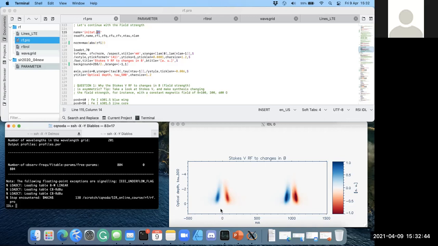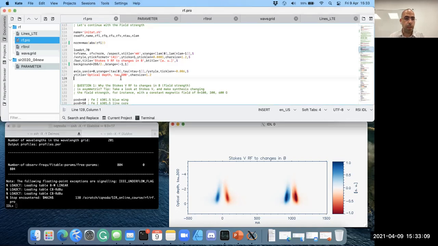If you try to understand this, it's saying that if you change the magnetic field, for example, at this layer, the lines will show a spectral change. In the case of Stokes V, the change will have a sign on this side of the line, and the opposite sign on this side of the line.